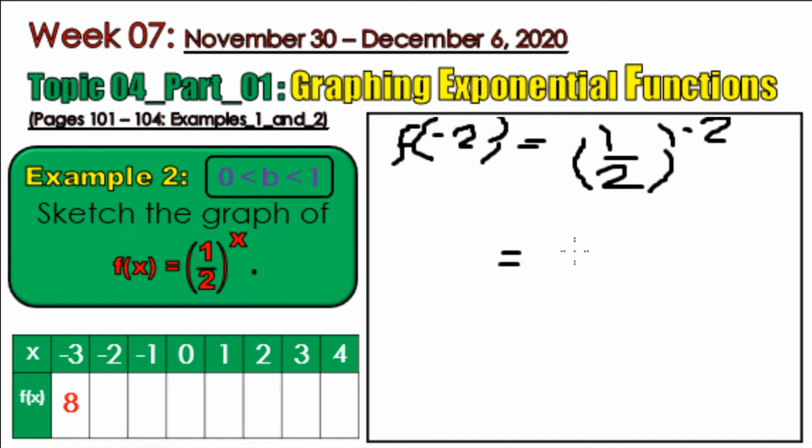So we have 1 raised to negative 2 over 2 raised to negative 2.